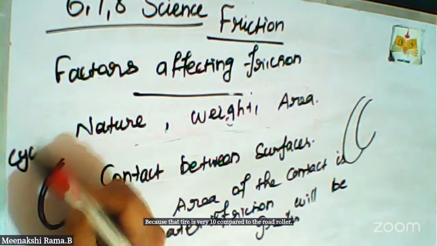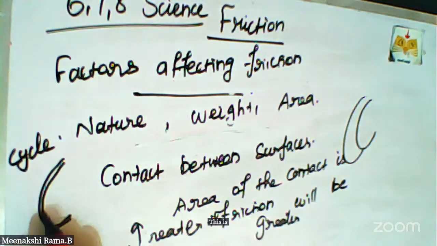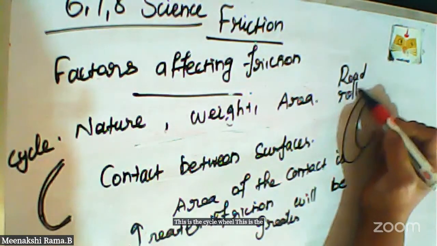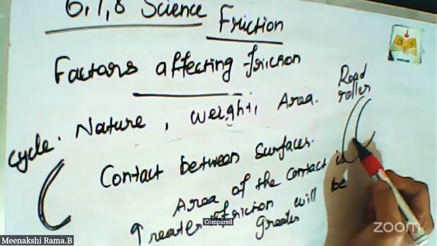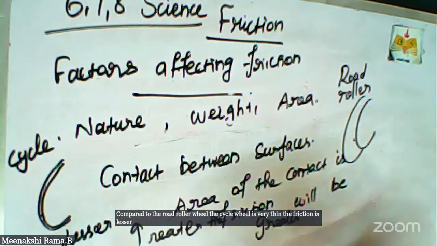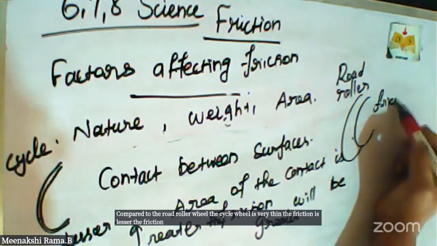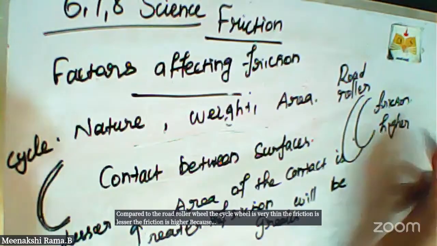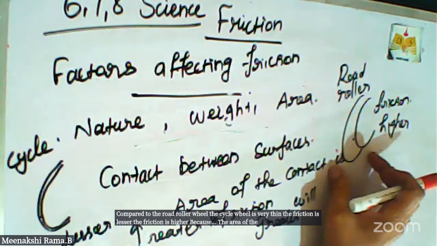This is the cycle wheel. This is the road roller wheel. Compared to the road roller wheel, the cycle wheel is very thin. Thus, the friction is lesser. The friction is higher because the area of contact is also higher in the road roller.